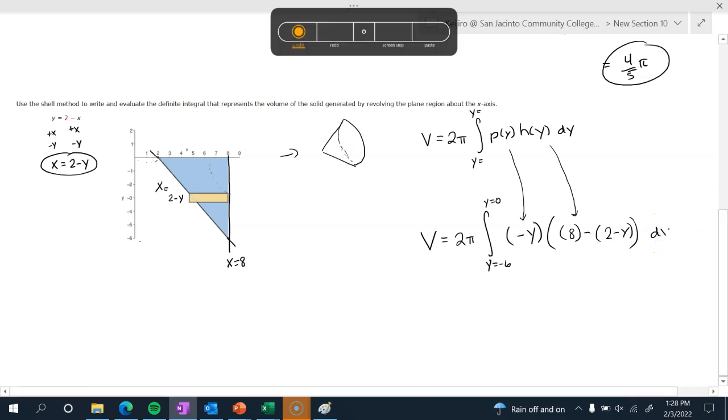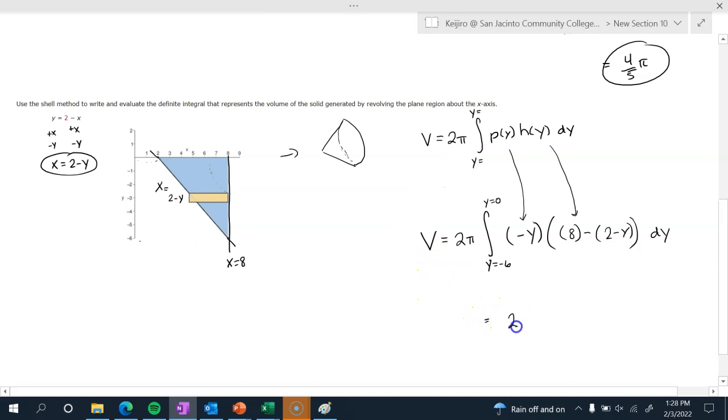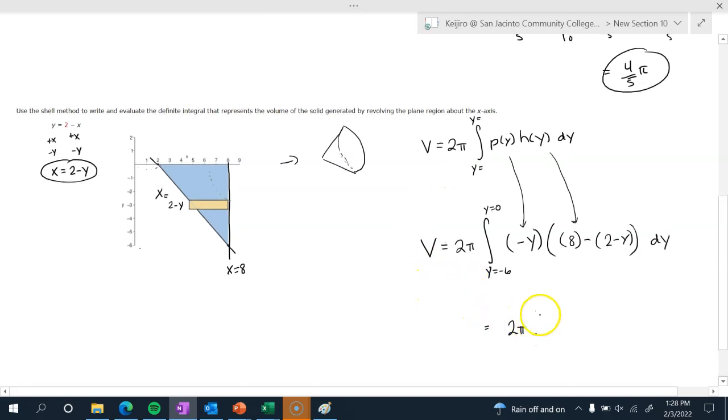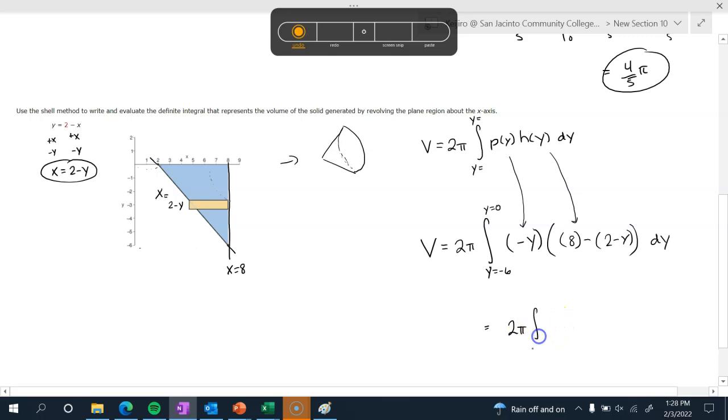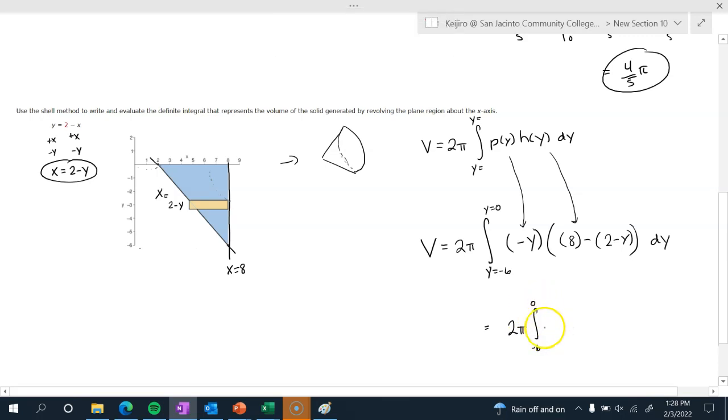But in the end, it does just end up being a polynomial function again. So 2 pi times the integral from -6 to 0 of, I guess we'll just take this slow. 8 minus 2, so that's 6. 8 minus negative y, that's 8 minus 2 is 6.